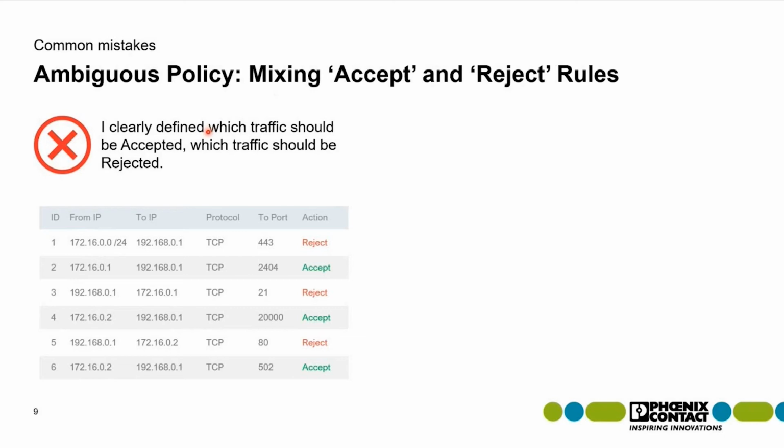For example, I want device A to communicate with device B, and device B to communicate with device C, but device C cannot communicate with device A. So they just put their thinking into a rule and put it into the firewall table. This will result in a long list of rules, while at the same time, there might still be something missing.